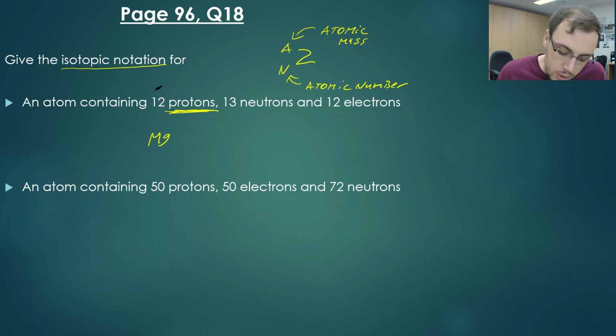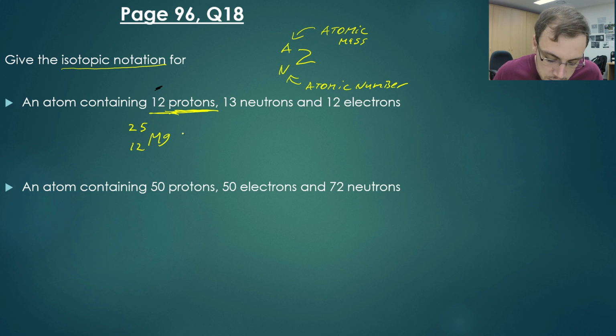Now we put in the atomic number, which is the number of protons, 12. And the atomic mass, which is the number of protons plus neutrons, we look at our information given here. So we have 12 plus 13, which is equal to 25, giving us the isotopic notation for magnesium.